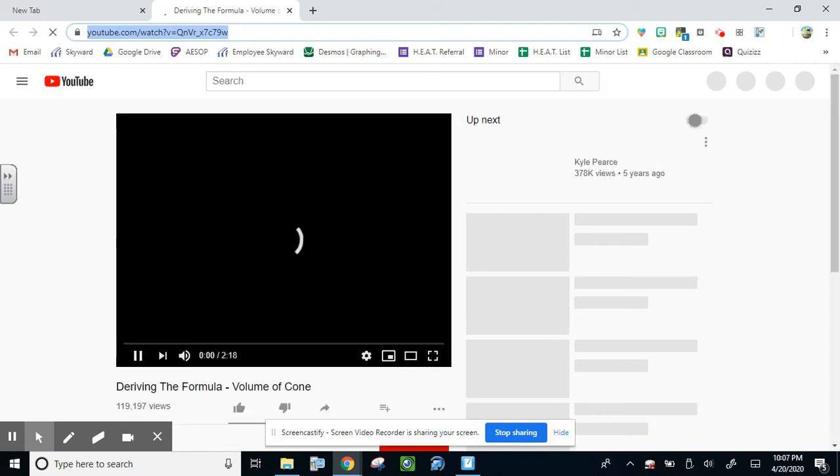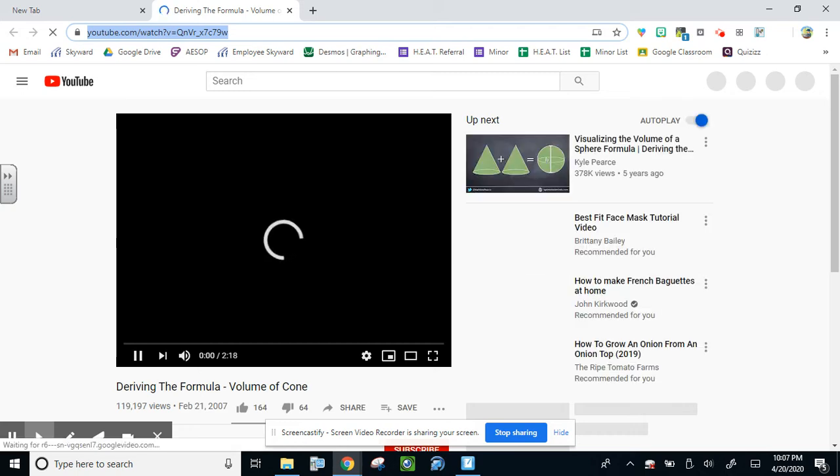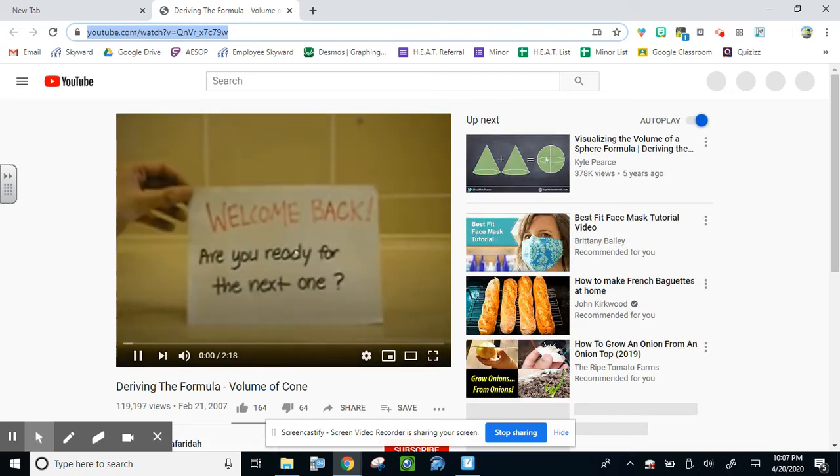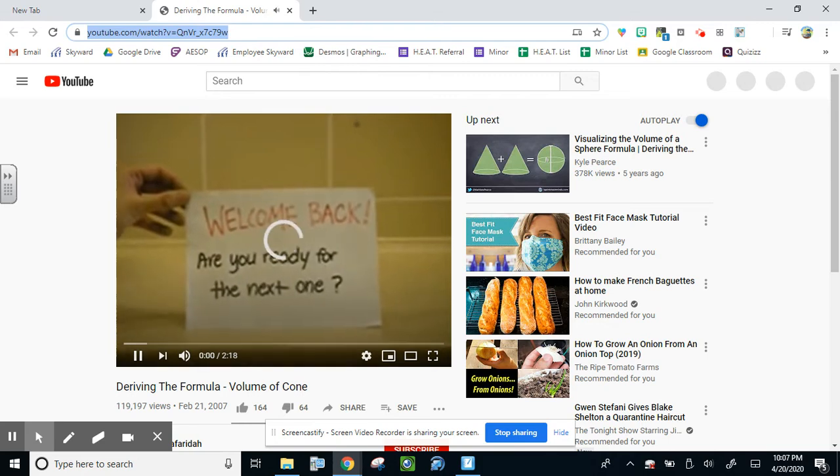Just taking a guess as to how pyramids and cones might be related. They both have a singular base. They both have a point above the base, and they both have triangular areas towards the middle.